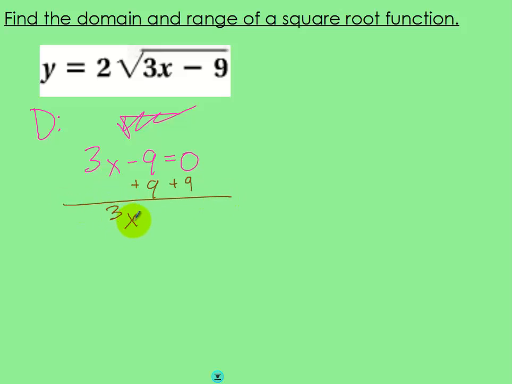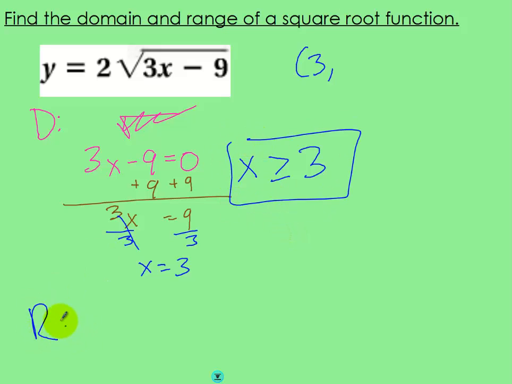And then you're going to get 3x equals 9. And then I want to divide by 3 on both sides. So you're going to get x equal to 3. So x equals 3 is kind of like my starting point. And so my domain is going to be x is greater than or equal to 3. And that is going to be my domain.